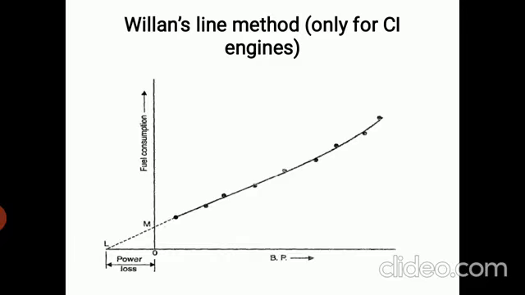This method was found by the scientist Williams. That's why this method is termed the Williams line method. This method is used for finding frictional power in CI engines. One more method used for finding frictional power in a CI engine is the retardation test. The retardation test is also used to find frictional power in CI engines.